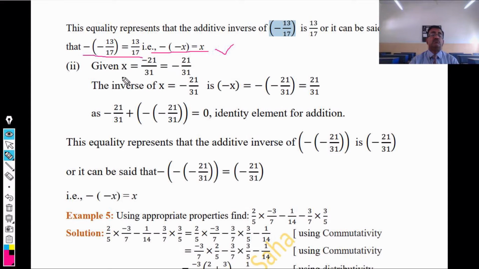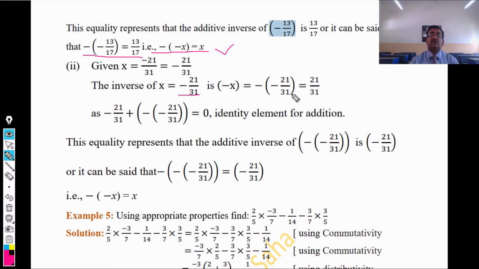Now, this is more important. It is given x equal to minus 21 by 31. Then the inverse of minus 21 by 31, you are putting a minus sign on both sides.